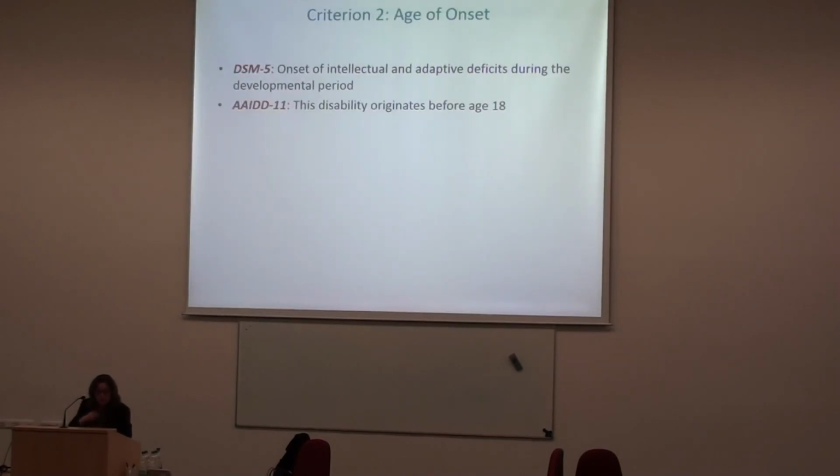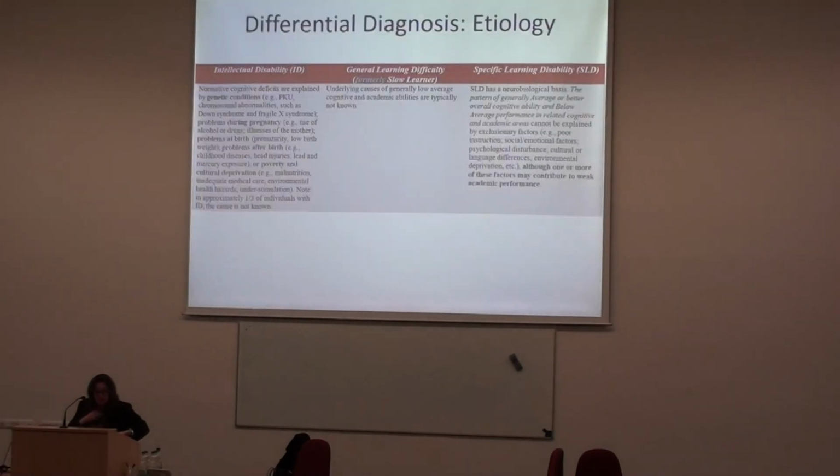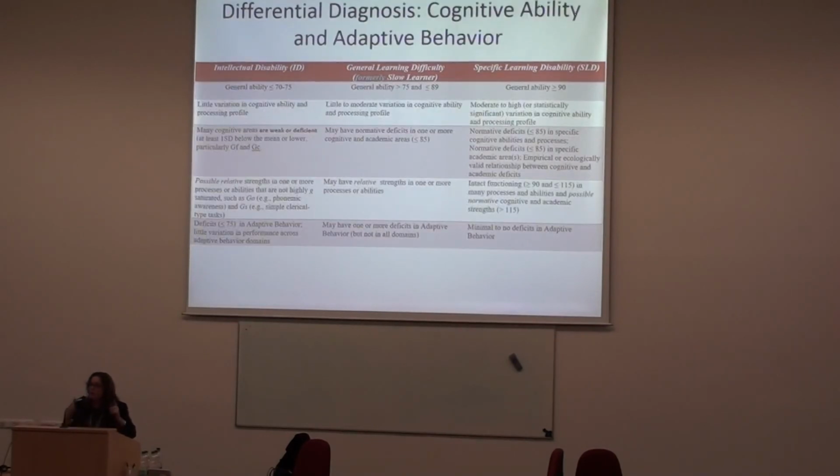Okay, since I'm out of time, the last tables I wanted to tell you about are differential diagnostic tables. So you have intellectual disability here, you have specific learning disability here, and then you have general learning difficulty here. These are 3 different categories, all affecting learning, and they all have different criteria for identifying them.